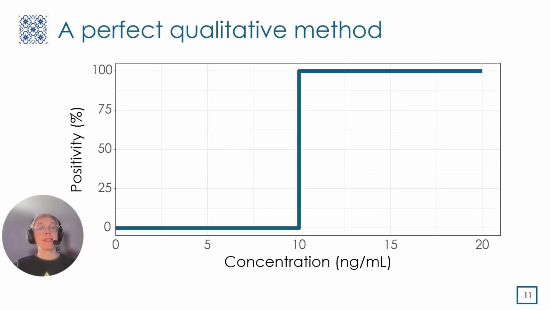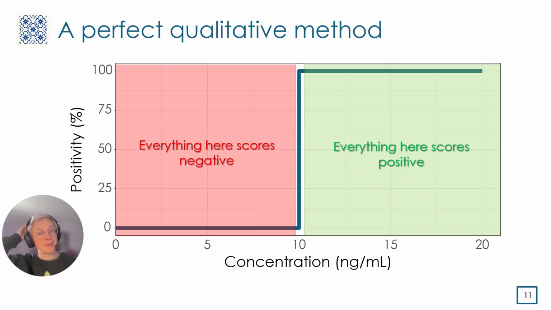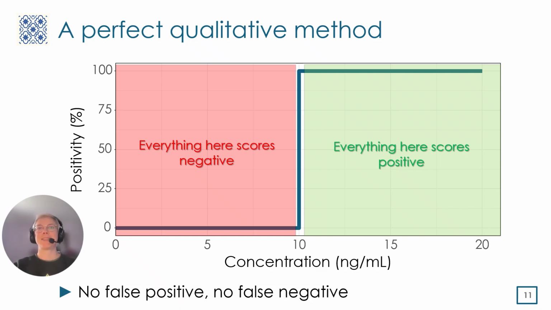So this here would be a perfect qualitative method. All samples with a concentration below the LOD or cutoff score negative, or not detected, or below cutoff. And all of the samples with a concentration higher than the LOD or cutoff score positive. So there are no false positives, no false negatives, right? That's a dream.